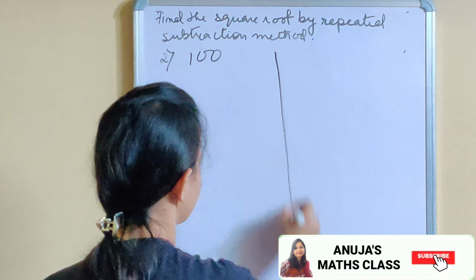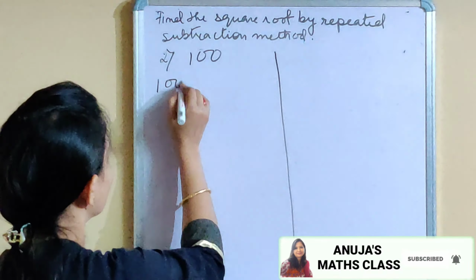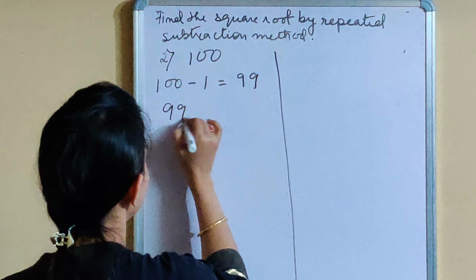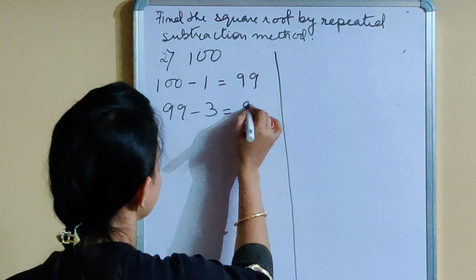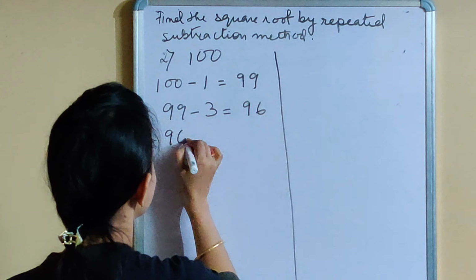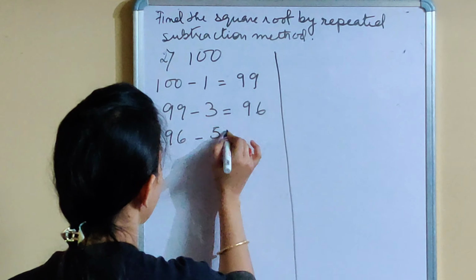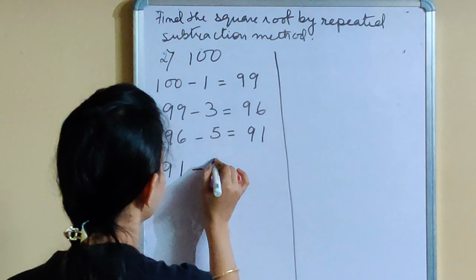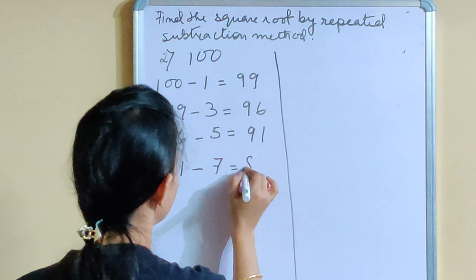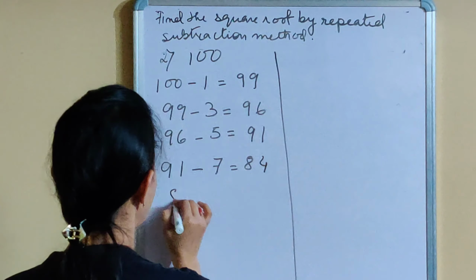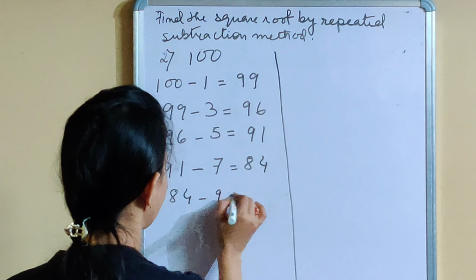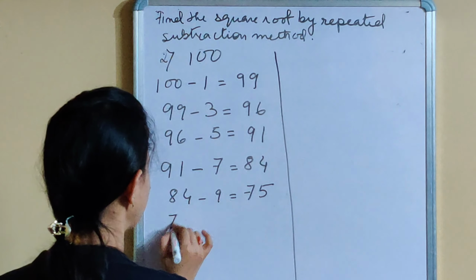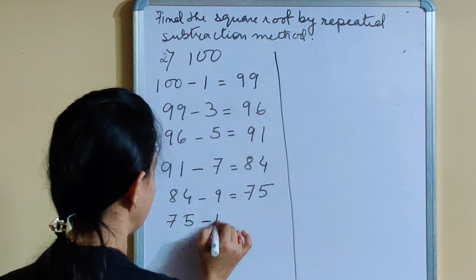So this one also, let's start with 100 minus 1, 99. 99 minus 3, it is 96. 96 minus, after 3 it is 5. So it is 91. 91 minus 7. So it is 84. 84 minus 9. So it is 75. 75 minus 11.